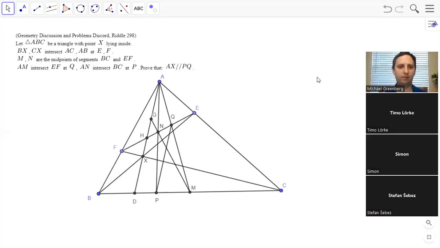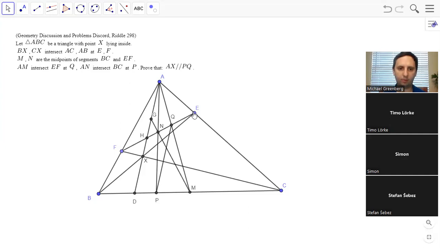Let's see. We want to show AX is parallel to PQ. We try to project through P, so AQM and one of these maybe. So what if we project AQM onto EF?